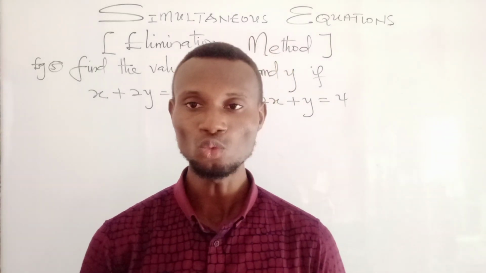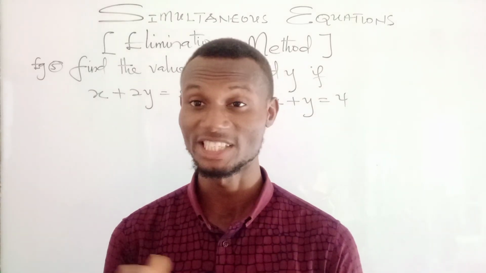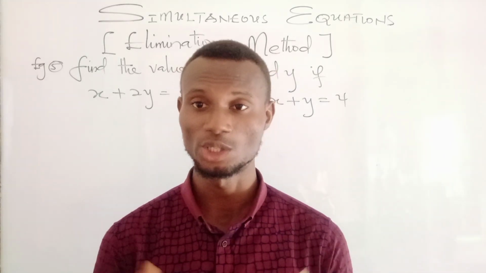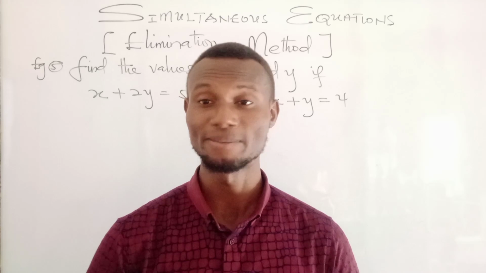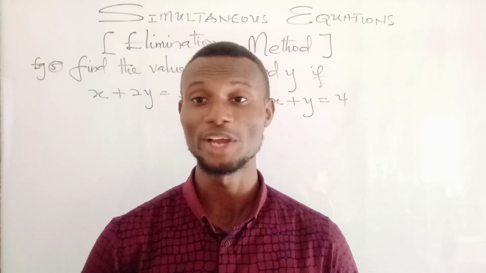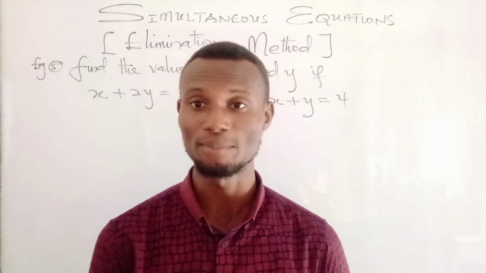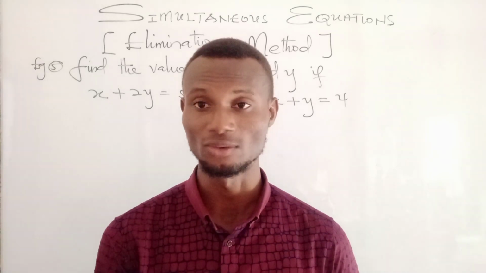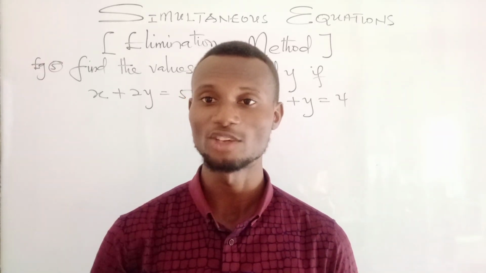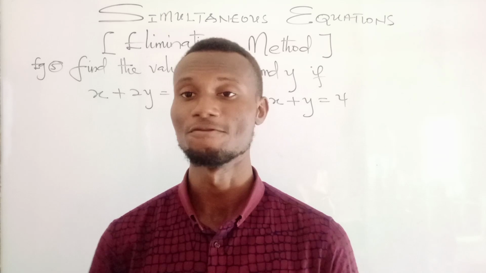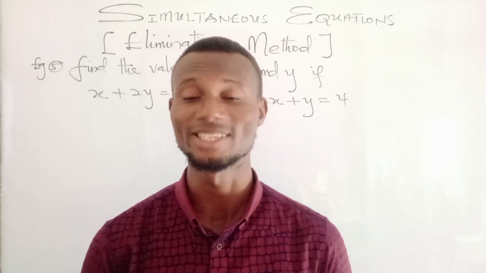Now when we speak of the elimination method of solving simultaneous equations, it simply means that we are going to eliminate one of the variables in the given equations, so that it will help us to be able to solve for the other variable. I'm going to repeat it one more time.